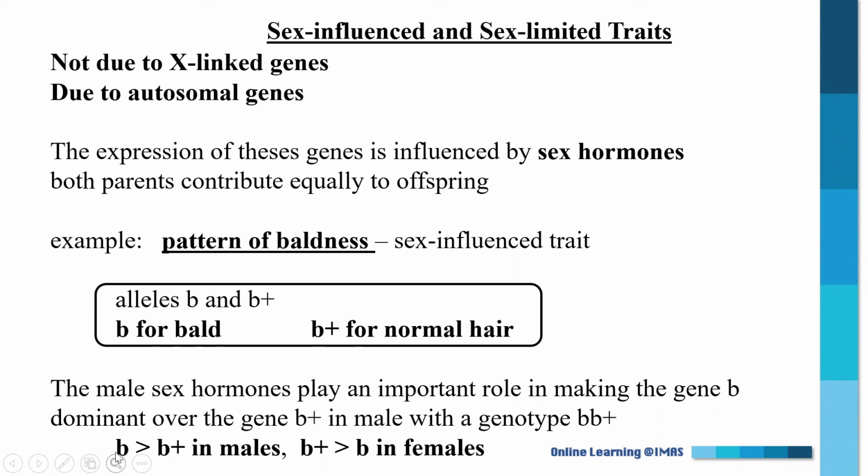So this male will be bald. Now let's say the B B plus is in a female. She doesn't have the male hormones, but instead she has estrogen and progesterone. So in this case, the B plus will be dominant over the B, so she will not be bald.